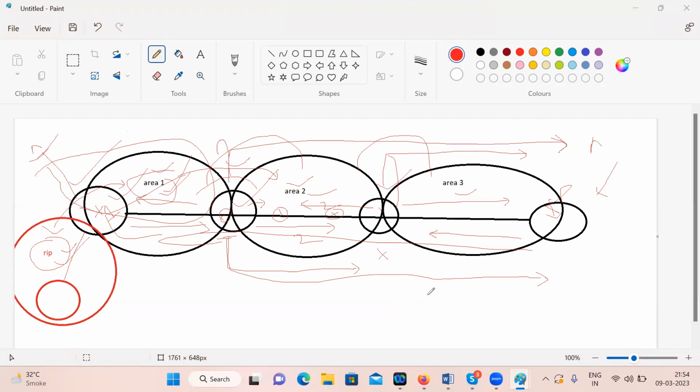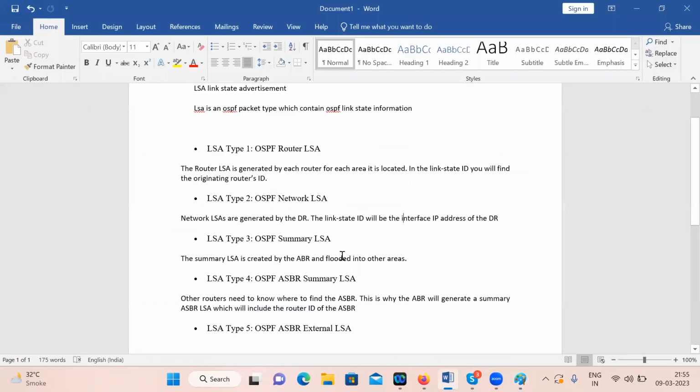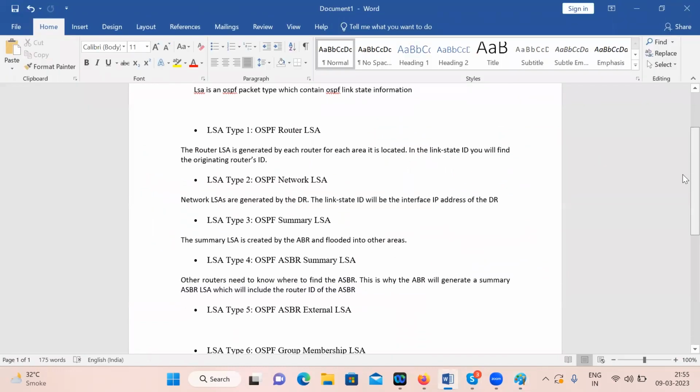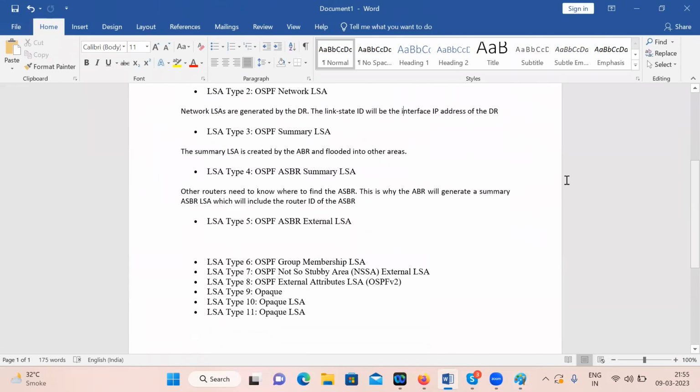Okay, everyone understands about type 4 LSA? Type 5 LSA, which is your external LSA. What exactly is the type 5 LSA?